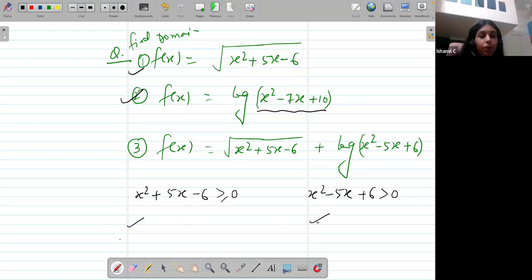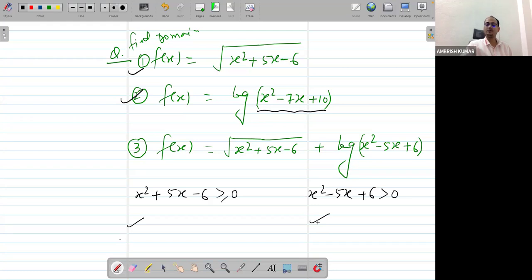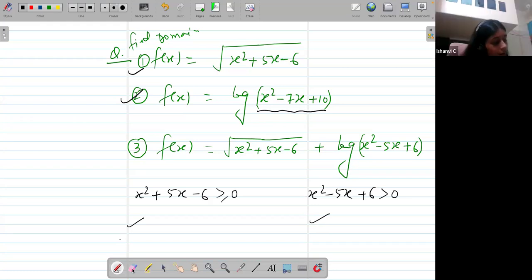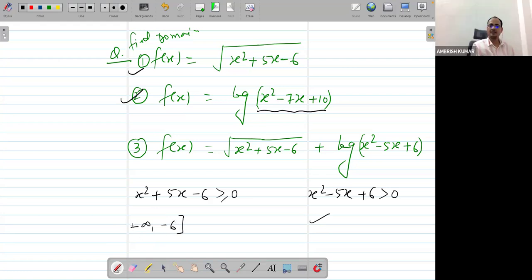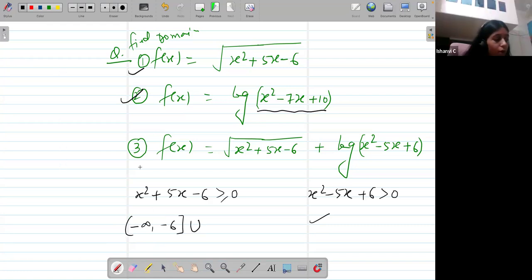Sir, I got the first one already because that's the first question. Okay, what is the answer for this? Negative infinite to negative 6, union 1 to positive infinite.